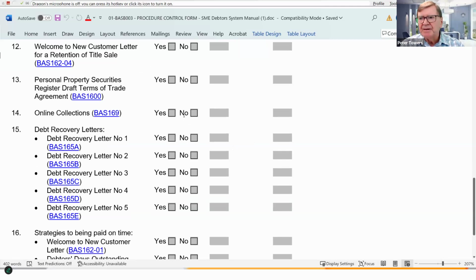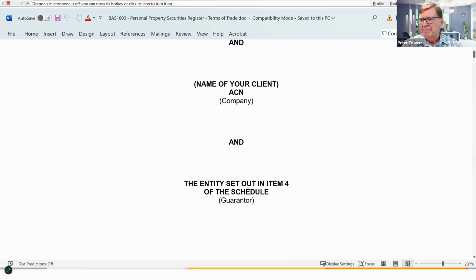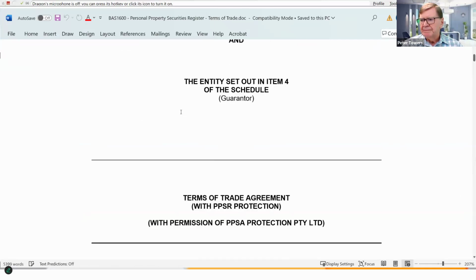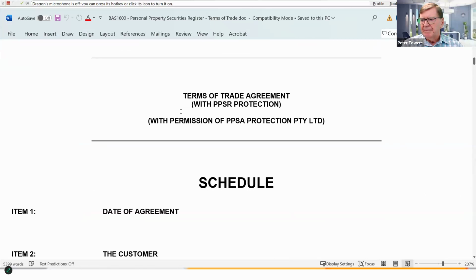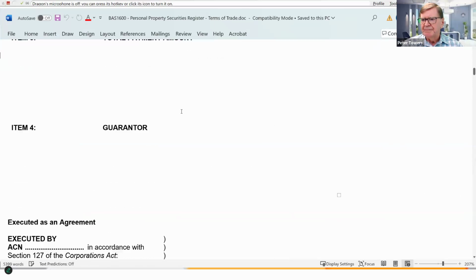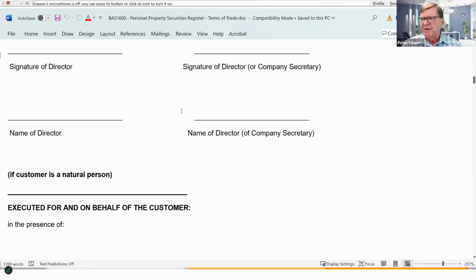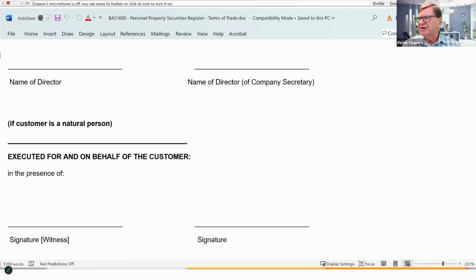We have the document relating to the Personal Property Securities Register. There's a document which might assist you in understanding that process.